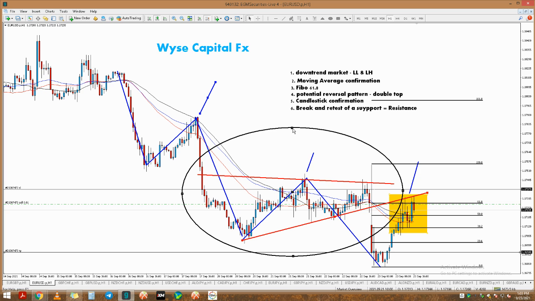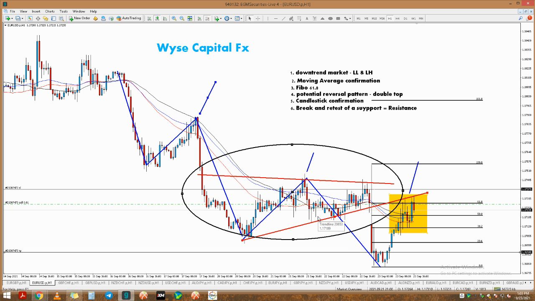What could be happening at this point is that price broke out of this continuation pattern, then has come to retest it, and then possibly we might get another move down. This is what I'm expecting, and I'm really hoping that after all these concrete reasons, price might go down.